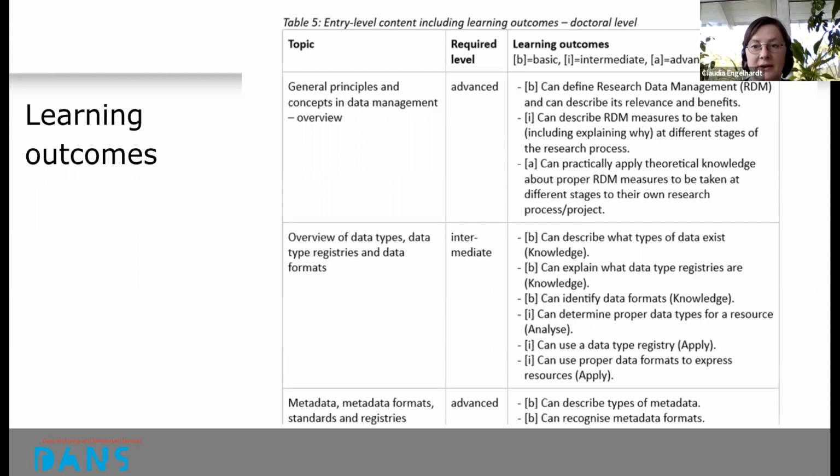And in the column on the right side, you see the learning outcomes. And they also have different levels indicated by the small letters in square brackets at the front of each. So you can see which learning outcomes are considered basic, intermediate, and advanced. So that's it for the skills and competences chapter.